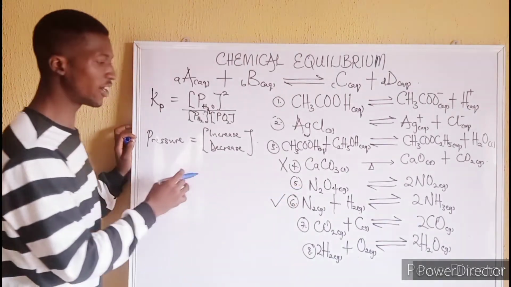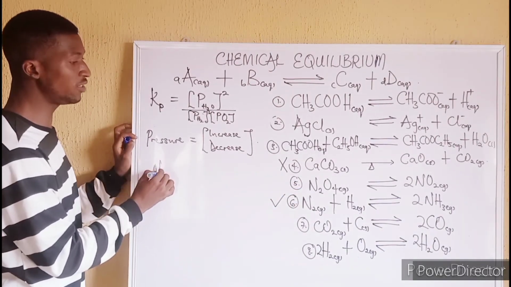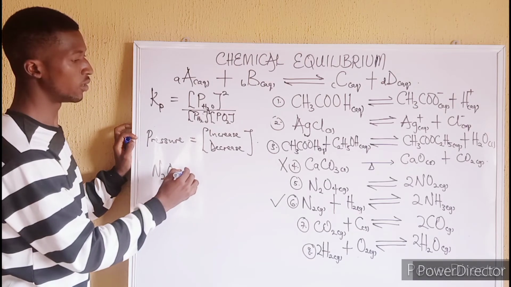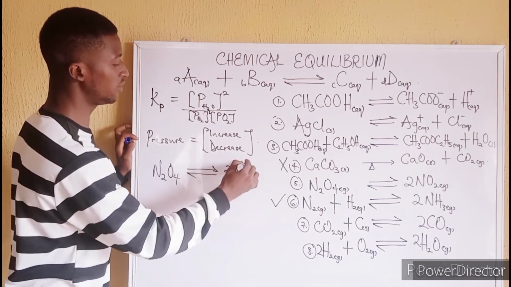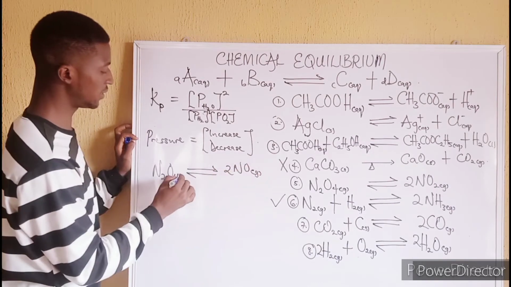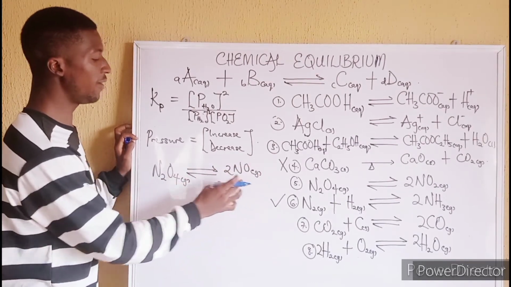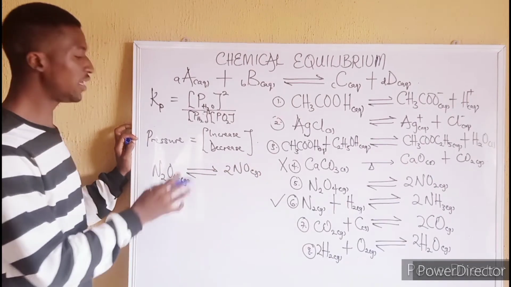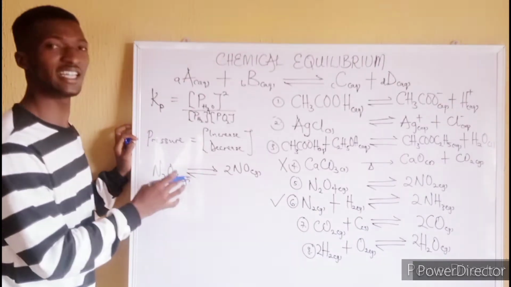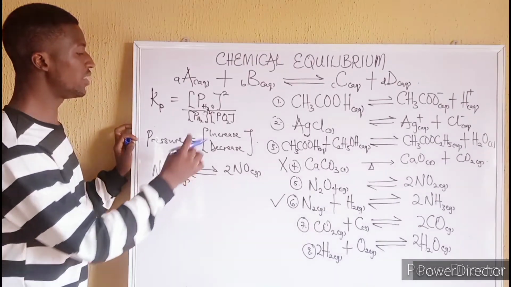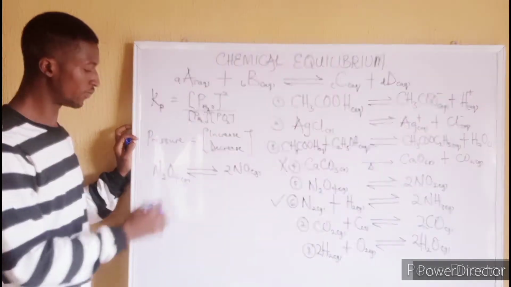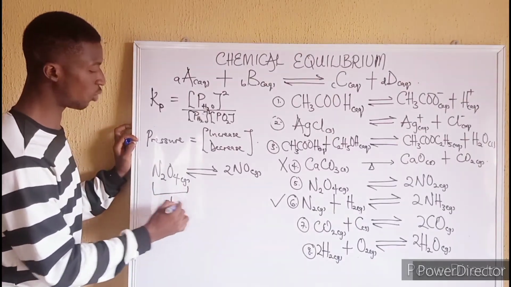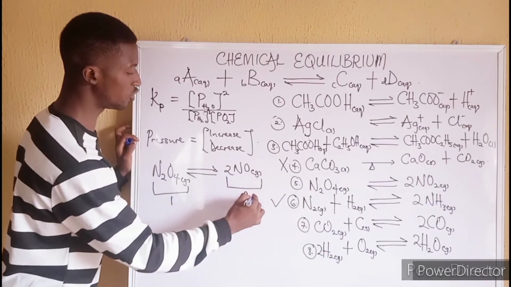But for the fifth reaction, which is N2O4 giving 2NO2 in gaseous state, pressure will have an effect on this system because it is in a gaseous state. An increase in pressure will favor the side with the lesser number of moles. The number of moles we have here is 1. The number of moles we have here is 2.